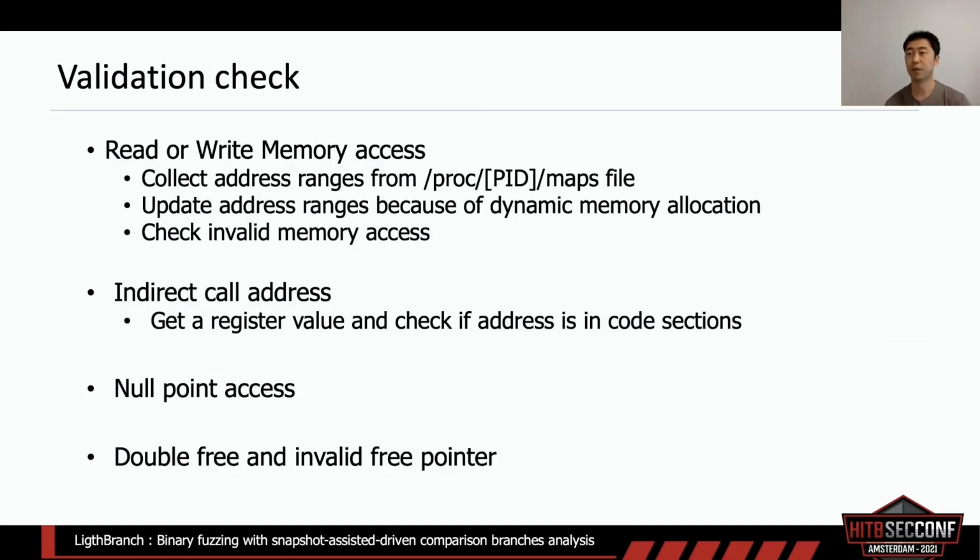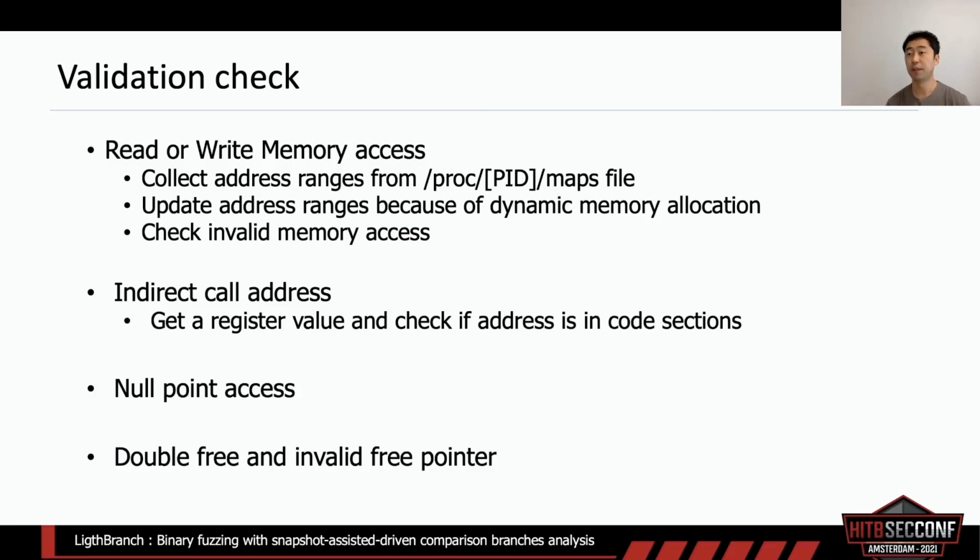Since we force execution of other paths, such paths could generate memory access errors. So in order to avoid this kind of behavior, we check the validity of instructions. First, validation of read-write memory access. To check invalid memory access, we collect the currently mapped memory regions and access permissions from the maps file.